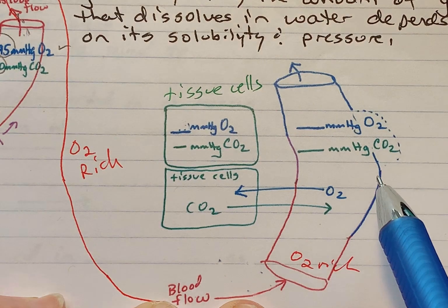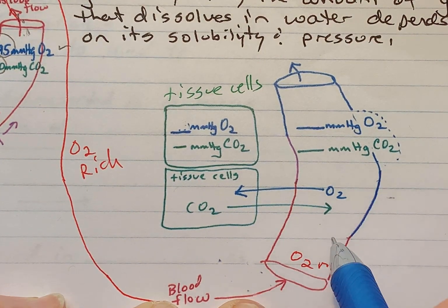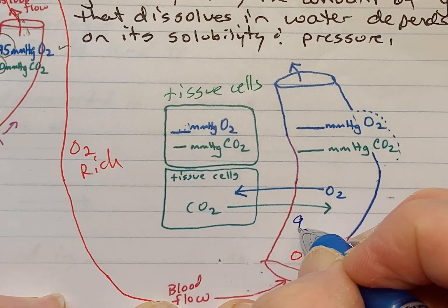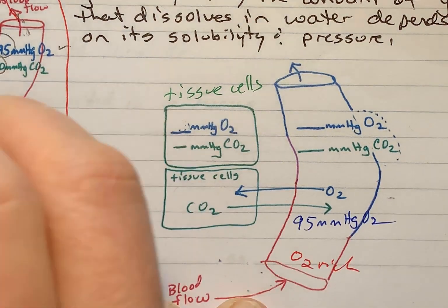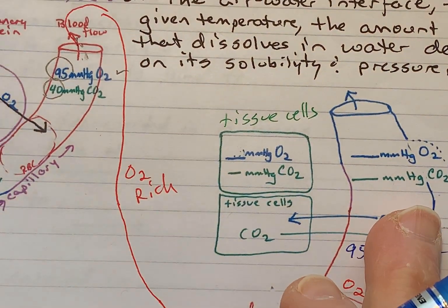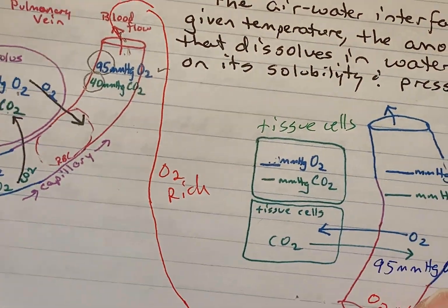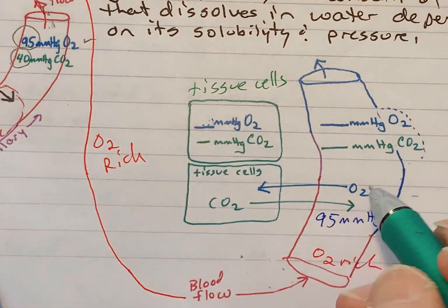And so we know that right here, this blood that we're bringing is 95 millimeters of mercury of oxygen. See, over here, it was 95. And what was the CO2? The CO2, look over here, was 40.